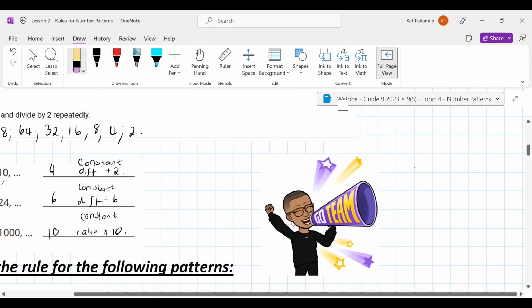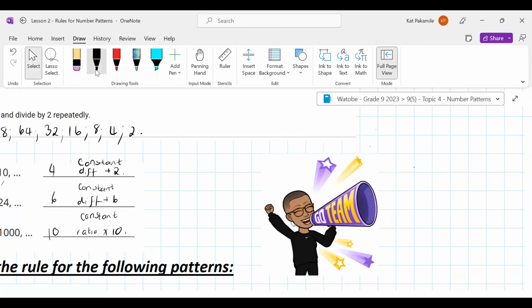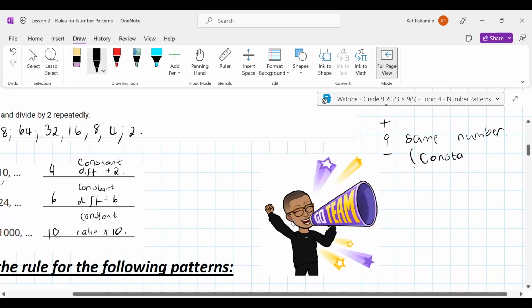Okay, guys, so that is the difference between the two. In a constant difference, you are adding or subtracting the same number. Isn't that what constant means? So this would be a constant difference.